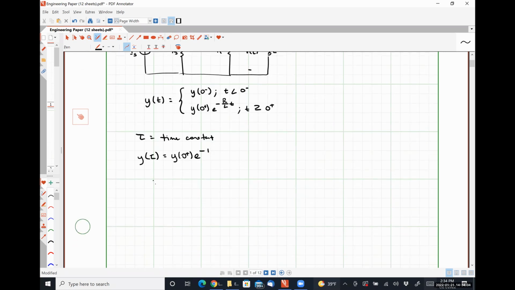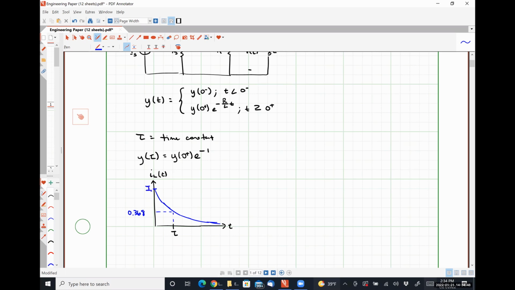So if we were to plot, say, an inductor current as a function of time, at exactly one time constant, we should observe, if this is its initial value, I naught, that it decays like so, and at exactly one time constant, its value is 0.368 of whatever it was.